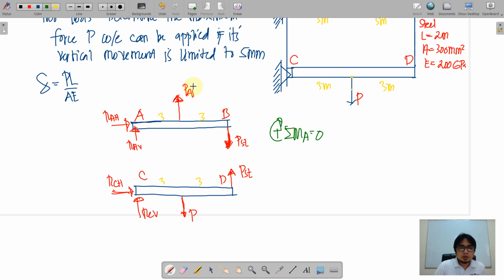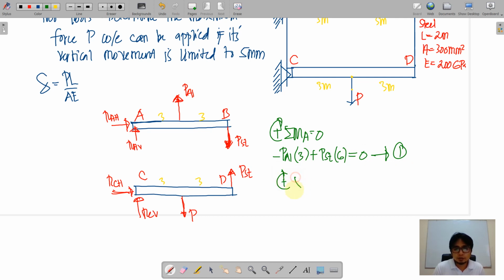Aluminum will have a negative rotation, or counterclockwise rotation. That is PAL times 3, so we indicate the direction by a negative sign. The direction of rotation is counterclockwise, plus P of steel times the moment arm from A, which is 6. This is equal to 0. Let us designate this as equation 1.